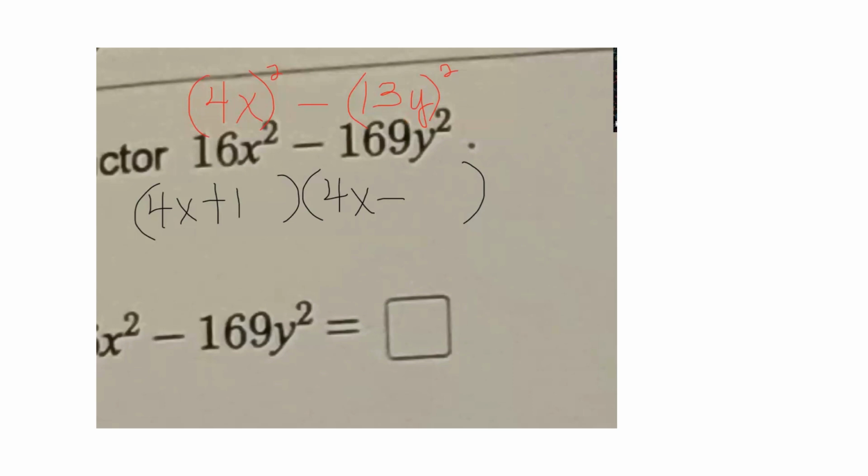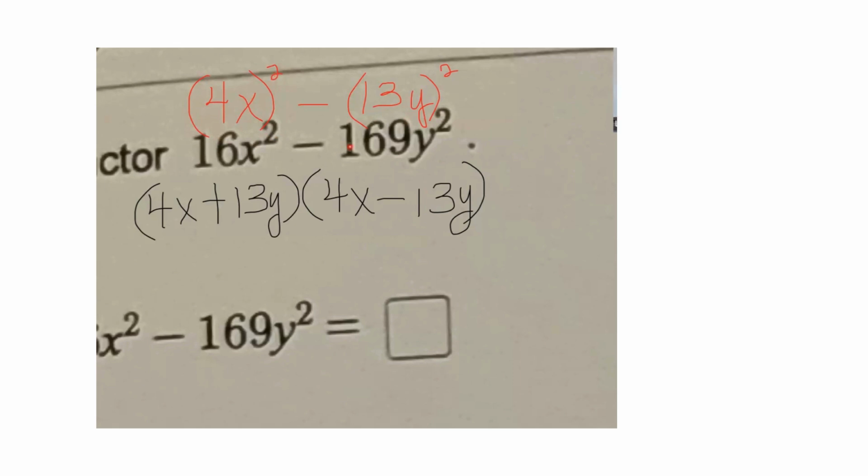So 13y and 13y. So what we do, going back, we did the square root of 16 to get 4, the square root of x squared to get x. And so that whole thing is 4x to the second power.